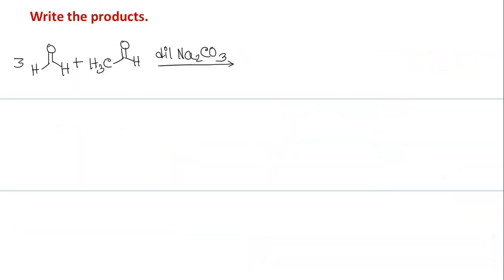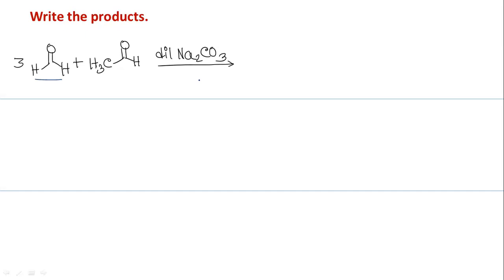Okay, we have to predict the products. Here we have taken 3 molecules of formaldehyde and 1 molecule of acetaldehyde, and the basic medium that we are using is not a very strong base like NaOH or KOH.